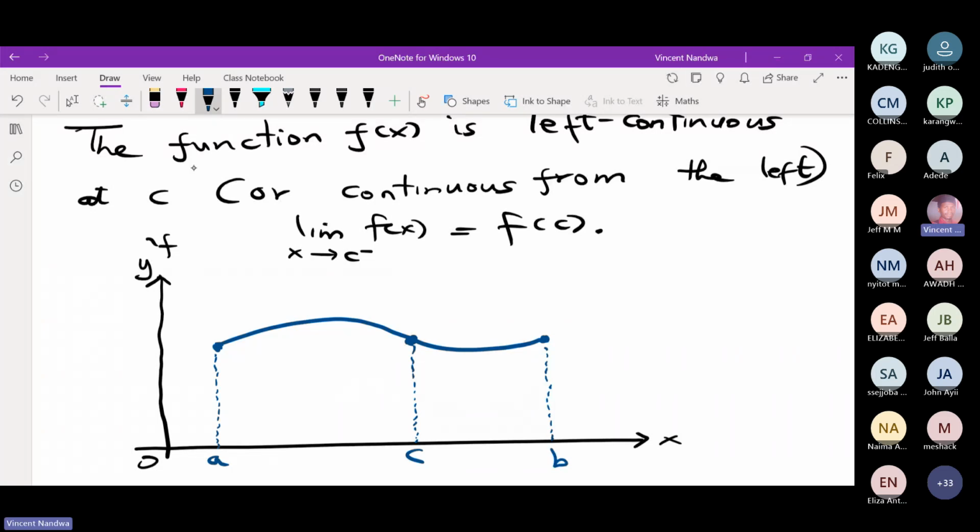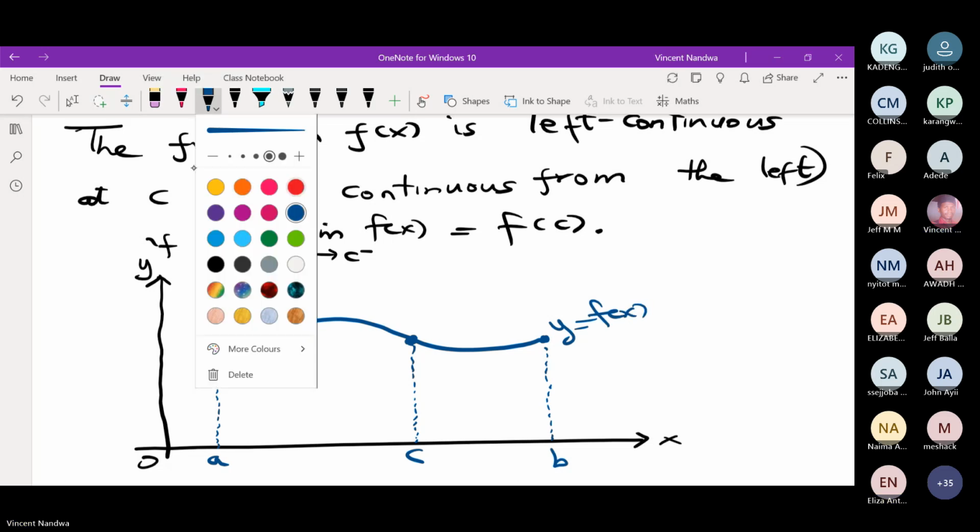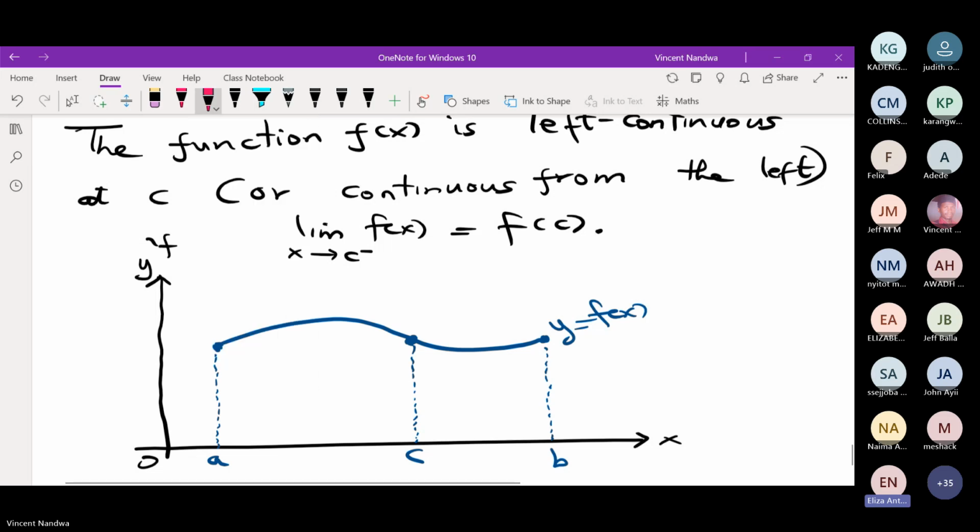So this is a graph of a function y equals f of x. You see from this direction, the function is continuous at A from the right-hand side.